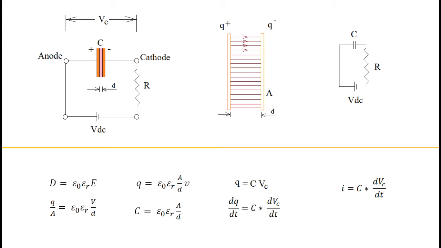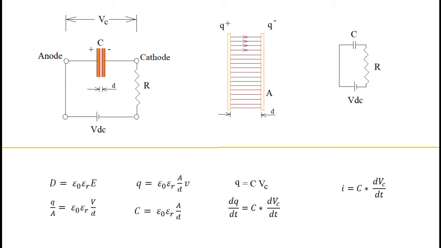This distributed charge is shown by letter Q in next figure with positive and negative sign as a superscript to Q. This uniformly distributed charge on surfaces is expressed in terms of charge density D, where D is a ratio of charge Q to surface area A. This surface charge density D is due to electric field intensity E. The electric field intensity E is a ratio of applied voltage to distance of separation.